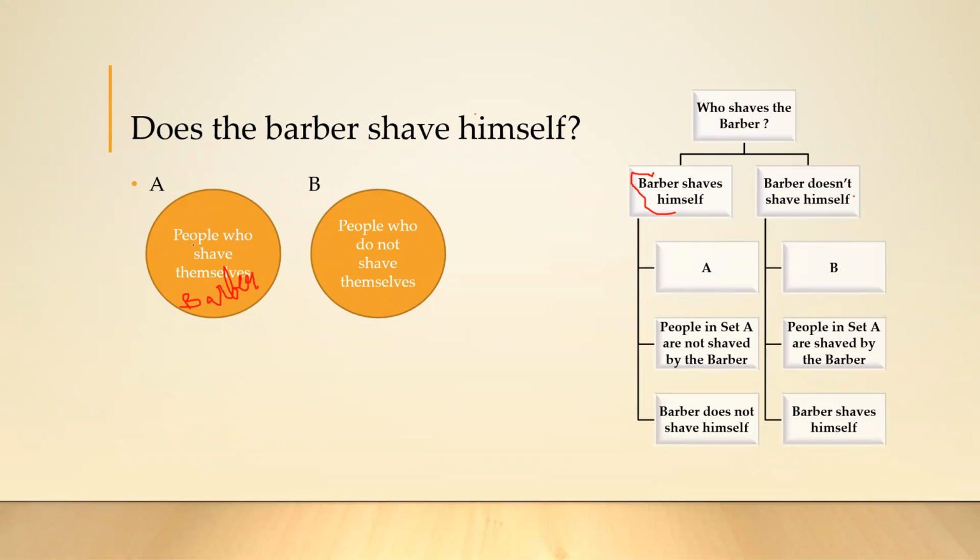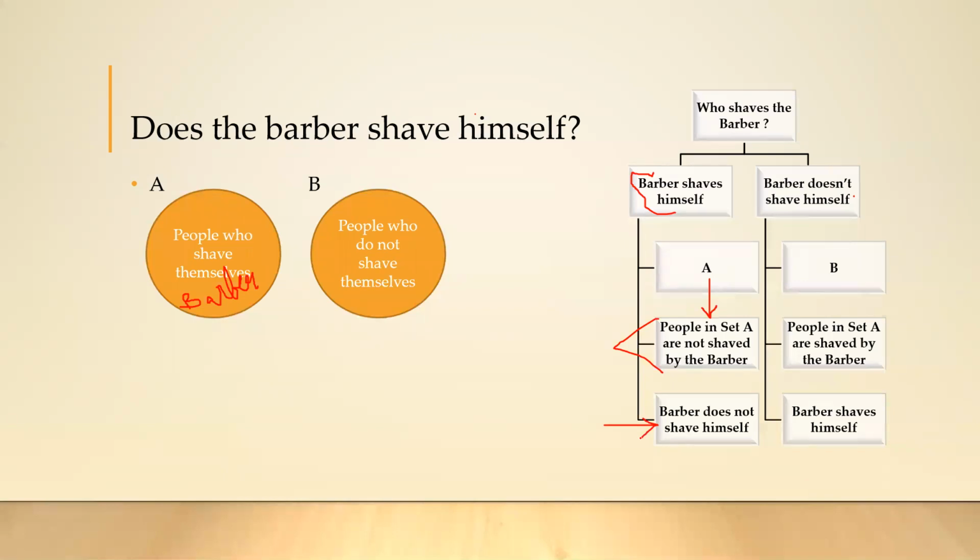When we think about people who shave themselves, they are actually the people who are not shaved by the barber. Okay, when you think about people in set A, they are people who shave themselves, which means they are the people who are not shaved by the barber, which means the barber is in that set. He is not shaved by the barber, which obviously means the barber does not shave himself.